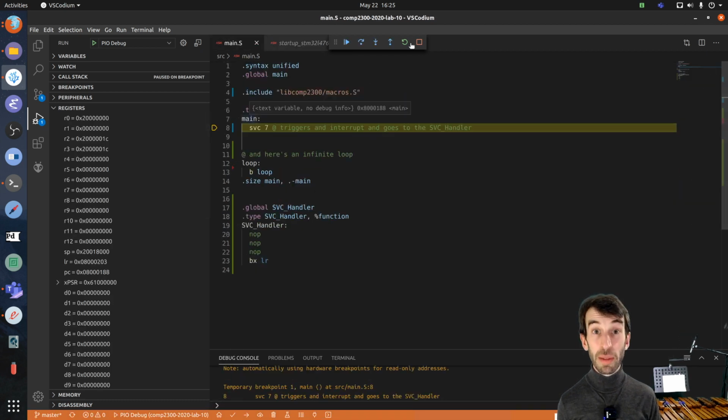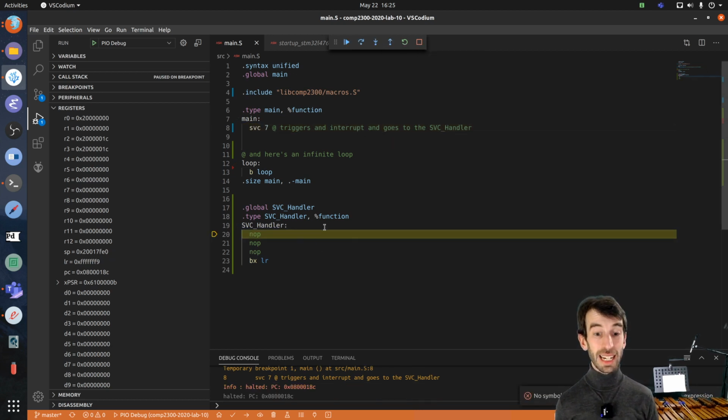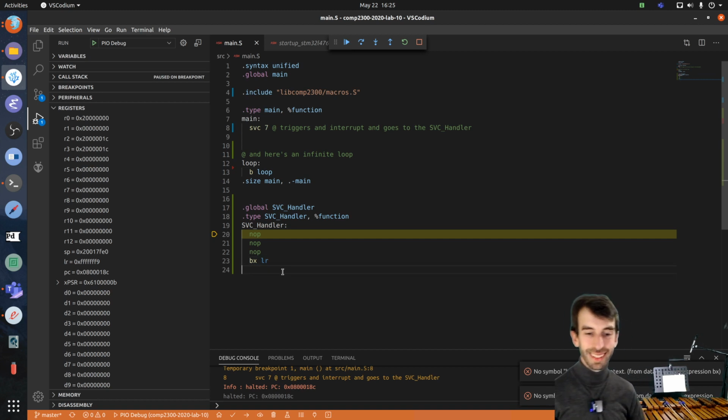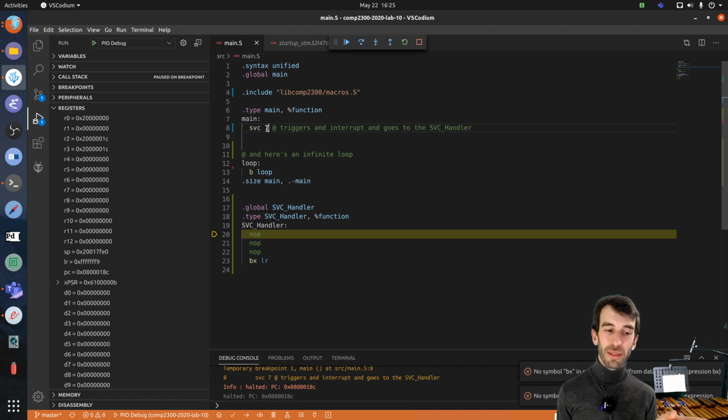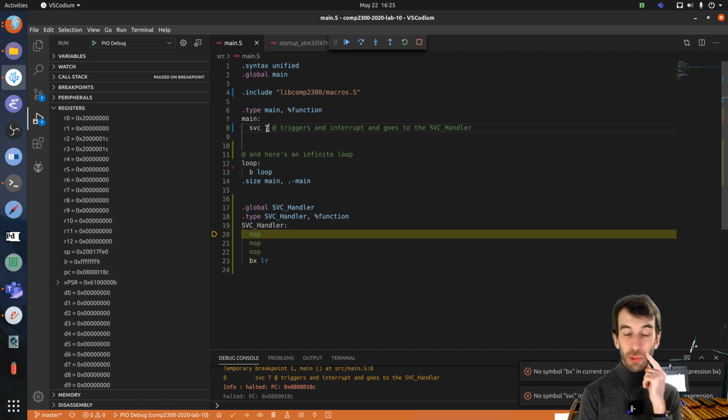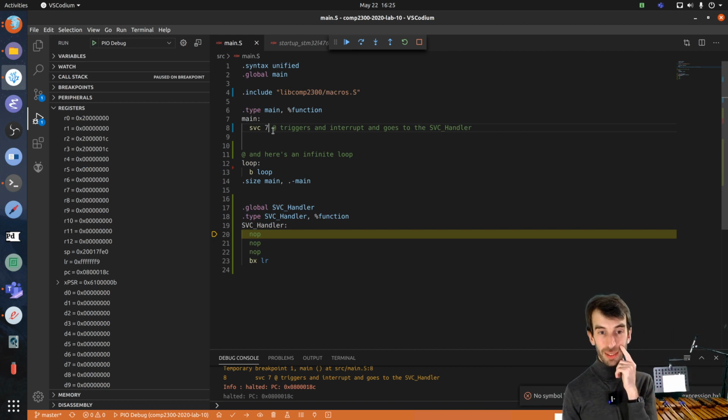So here I am in my main program. I've only got one instruction to run, svc. And I immediately end up inside that SVC handler. Now here's the trick. The idea was that my svc instruction would give me some way to define different activities.